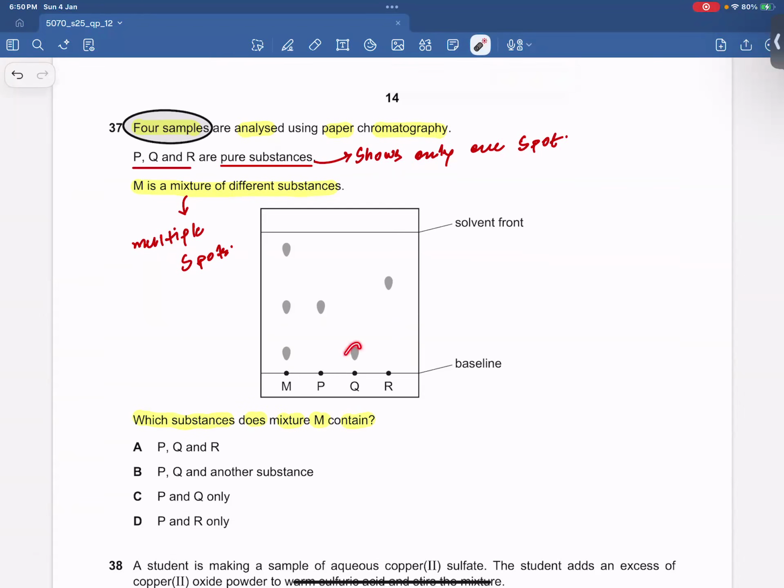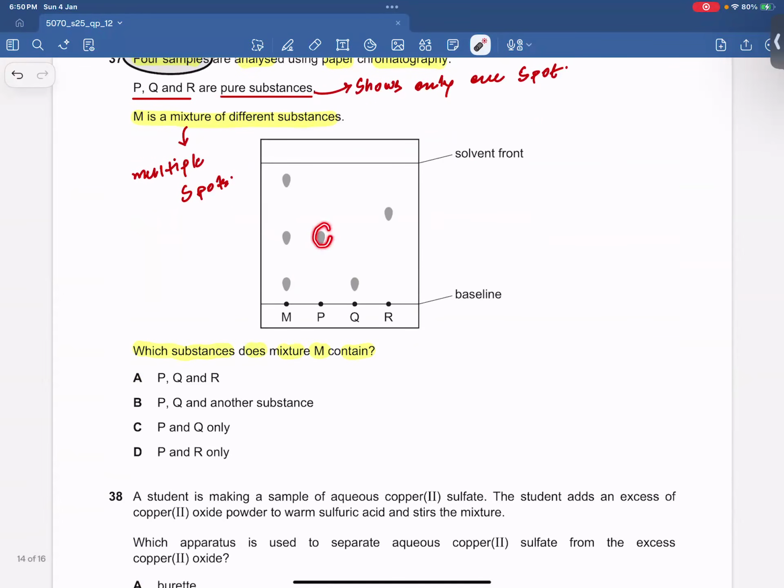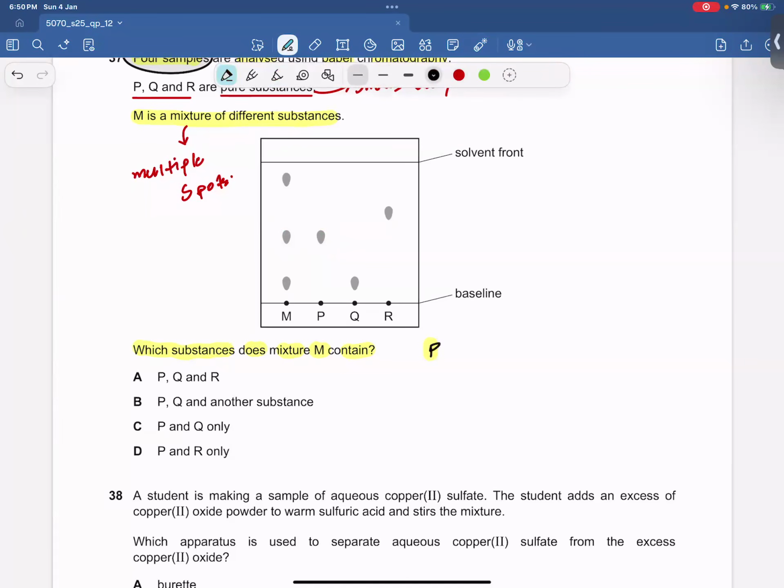See, this Q lines up horizontally with M, which means M contains this Q. This P is also lined up with M horizontally, which means P is also contained in M. So P and Q line up horizontally with M. So M contains both P and Q.